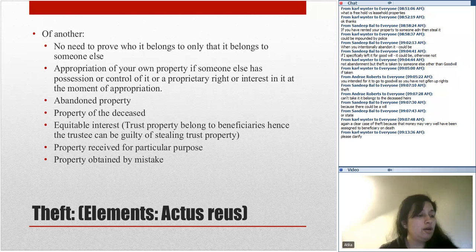Property received for a particular purpose. Where the title to the property passes to the defendant before the dishonest appropriation of the property, the property does not belong to another and there can be no conviction for theft. Okay.